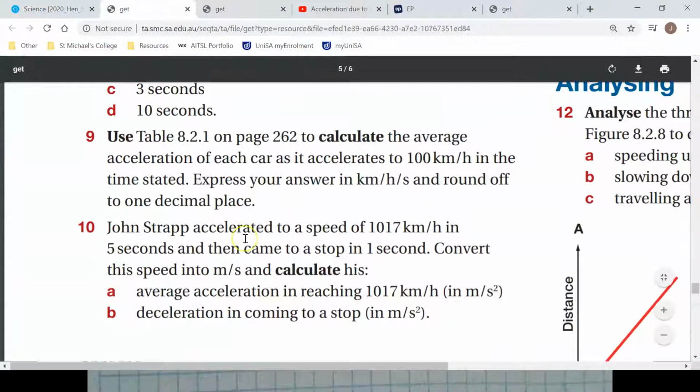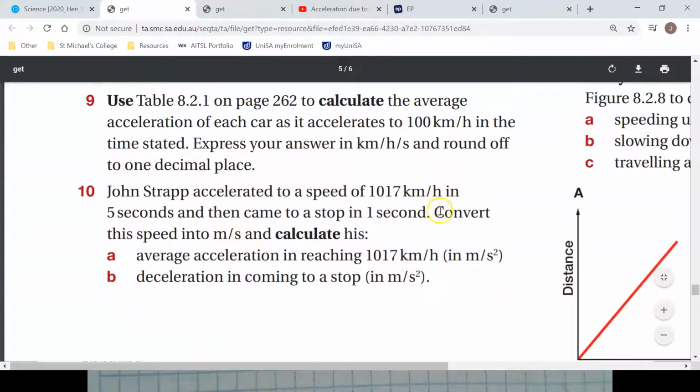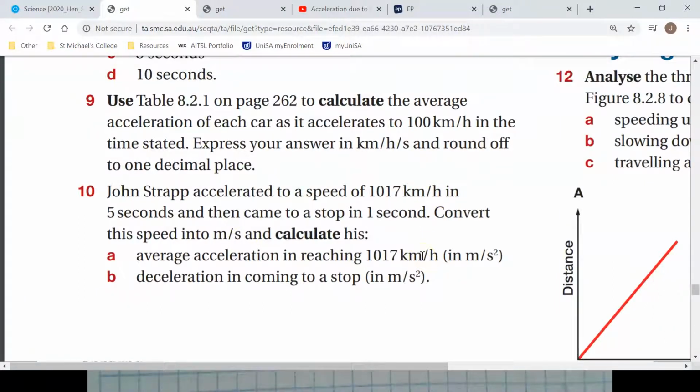10. So we want to work out, John accelerated to a speed of 1,017 kilometers per hour in 5 seconds and then came to a stop in 1 second.